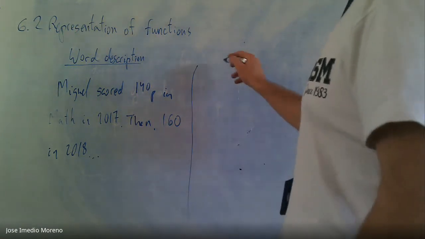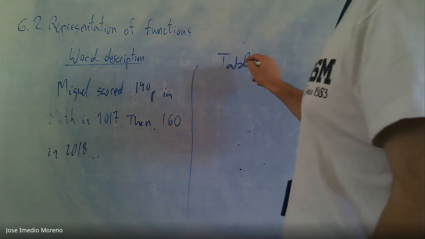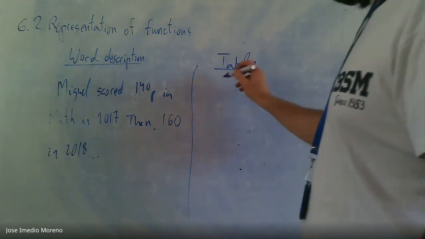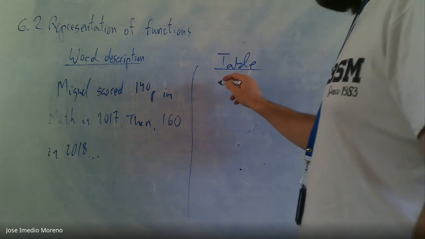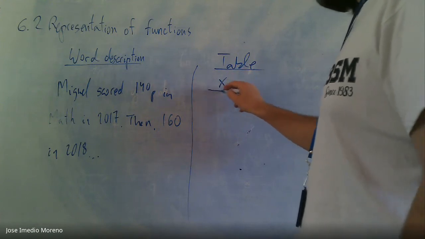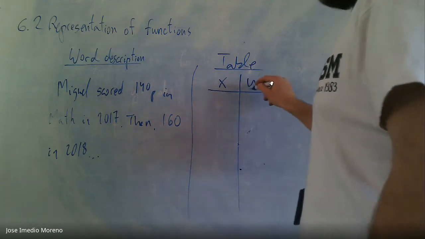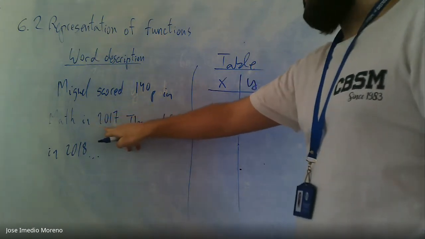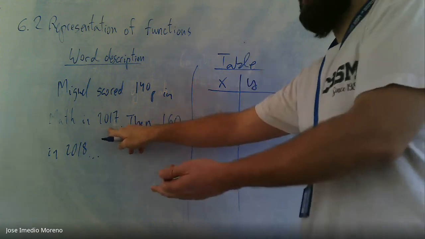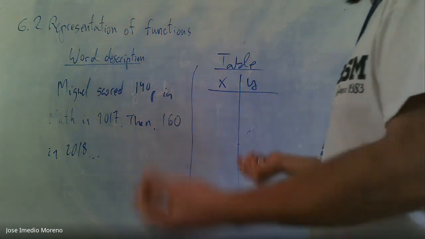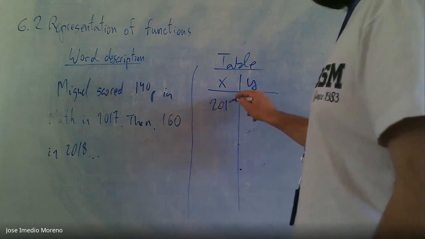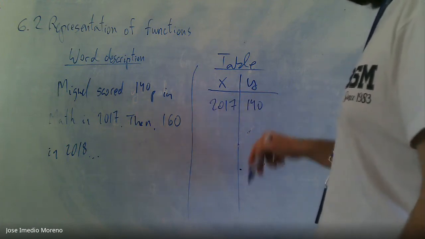Then I can make a table. Okay, I can make a table and I can say, okay, if I take on this side x, which is going to be time, years, in which year I'm talking about, and y is going to be the grade. So when he was in 2017, he scored 140.